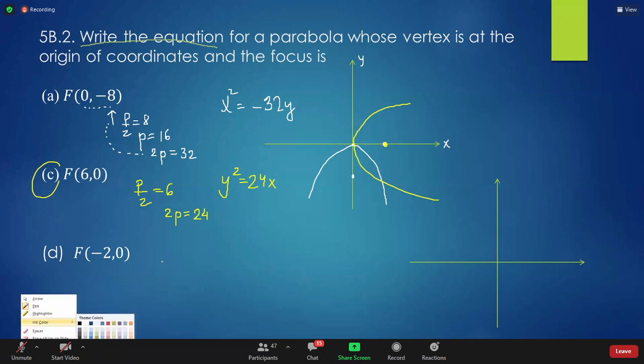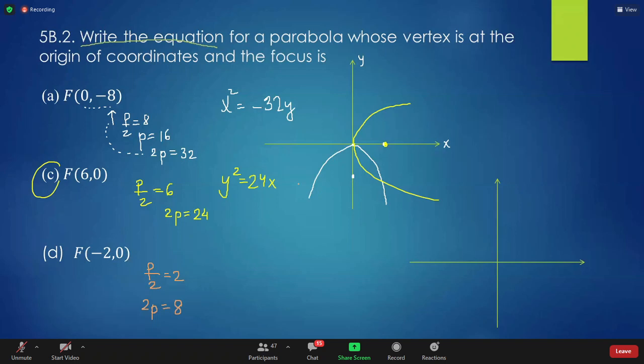So here we see p/2 is 2, which means 2p for the equation is 2 times 4, it's 8. Minus 0 means it's on the negative x-axis. So the parabola will open to the left in the negative x direction. And y squared equals minus 8x.